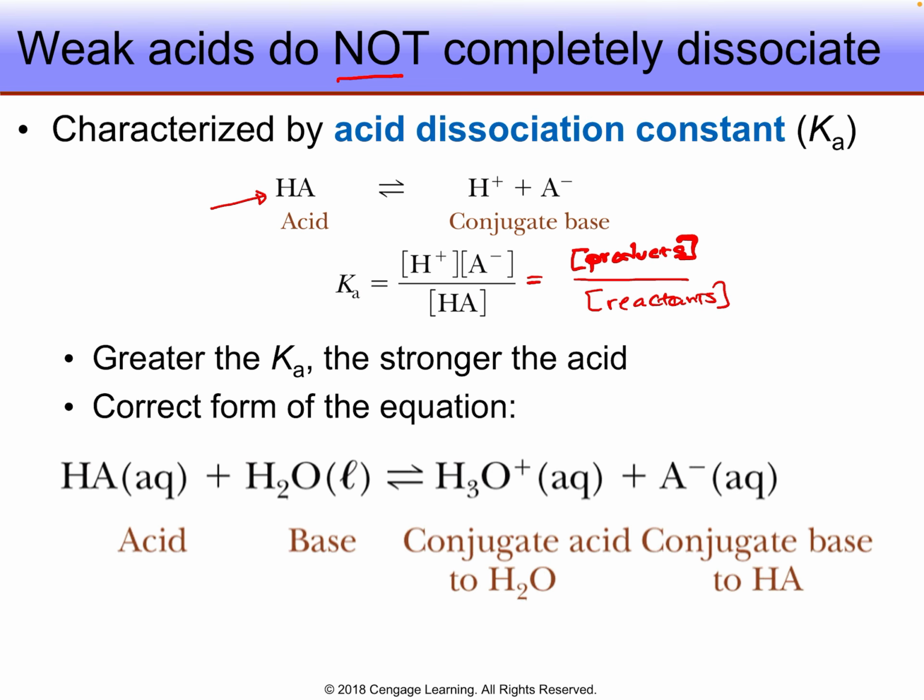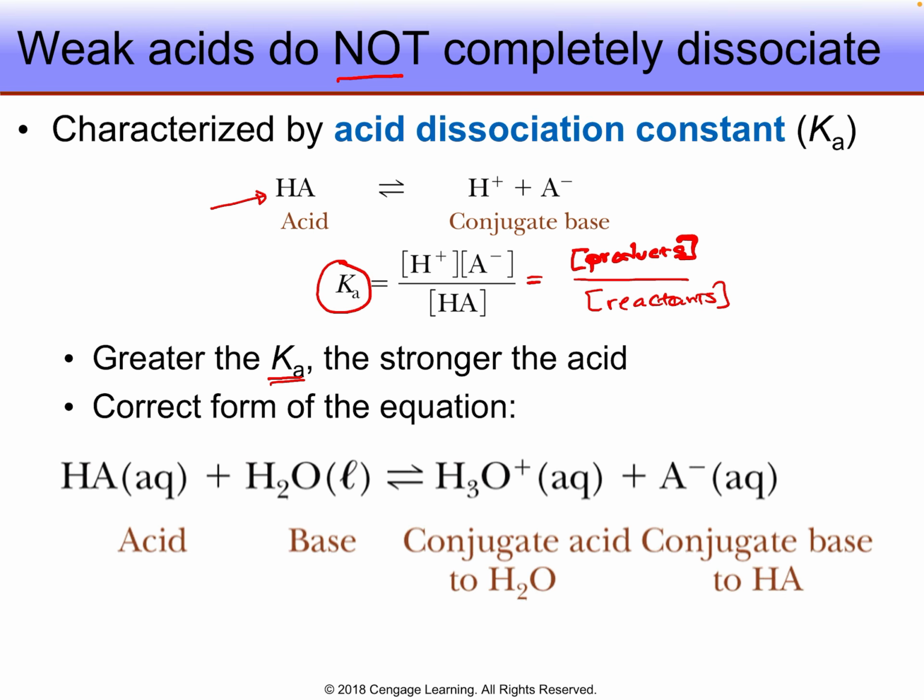But we are going to use a rearrangement of them. So this equilibrium constant, that's this number here, is a value for a particular weak acid. And the bigger that number, the stronger the acid. And Ka's generally have large negative exponents.